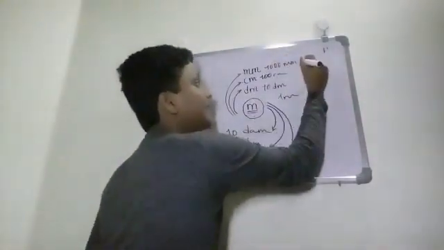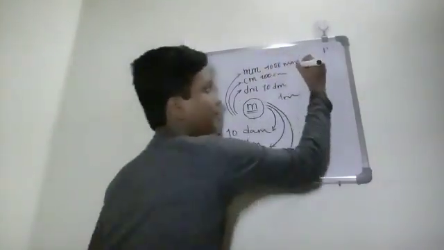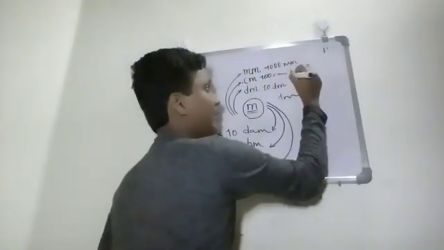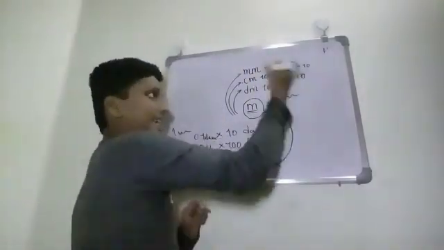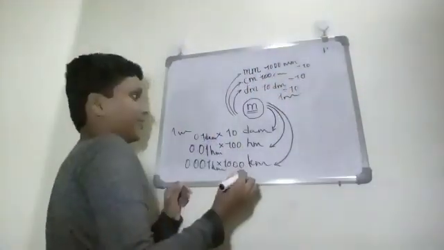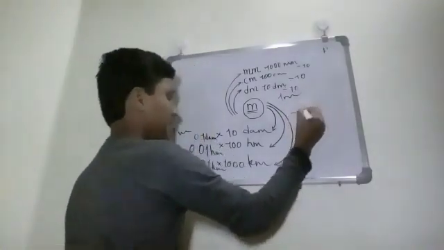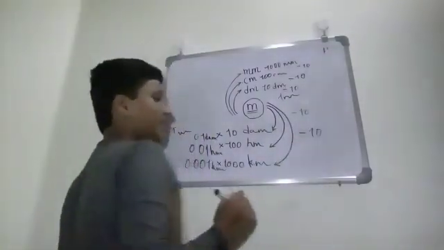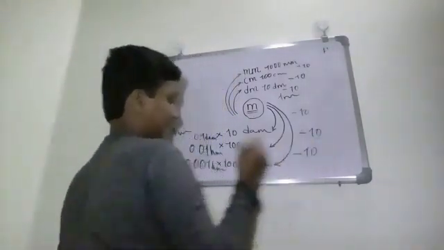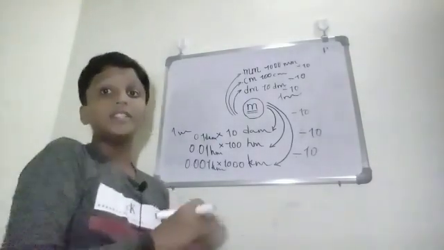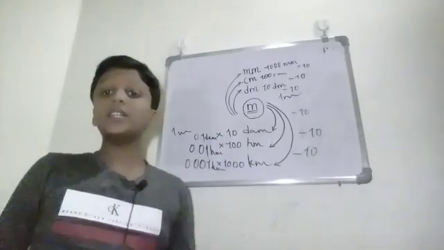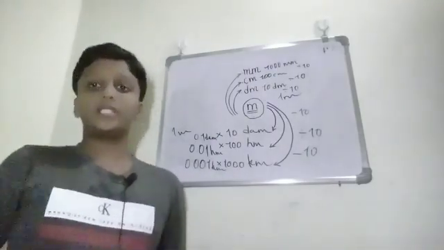1000 divided by 10 is equal to 100. 100 divided by 10 is equal to 10. 10 divided by 10 is equal to 1. 1 divided by 10 is equal to 0.1, 0.1 divided by 10 is 0.01, and 0.01 divided by 10 is equal to 0.001. The numerical value decreases as the value of the unit increases.